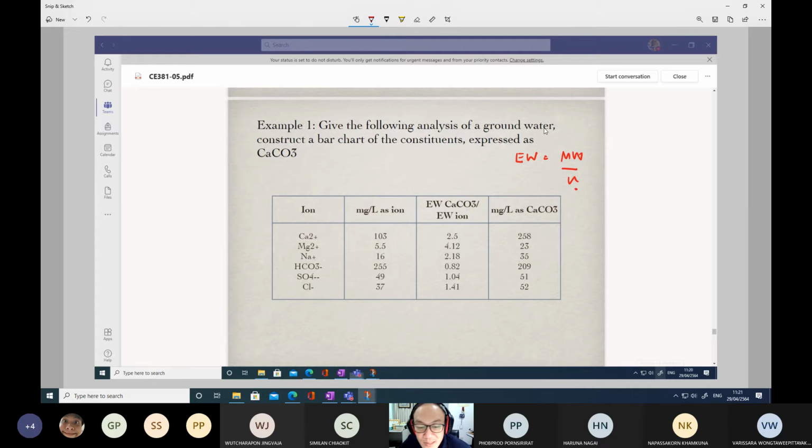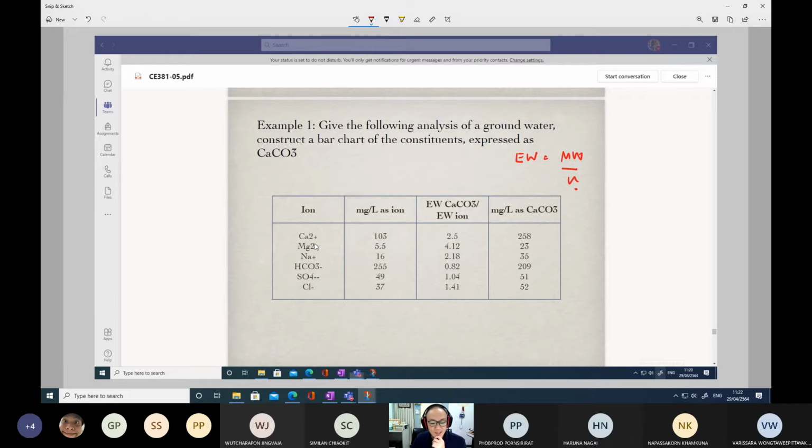For calcium, the charge is +2. So in this case, N is 2. If you focus on calcium, the molecular weight is 40.